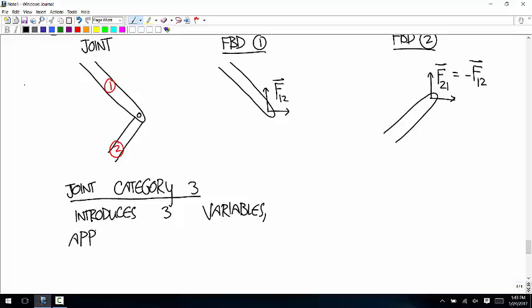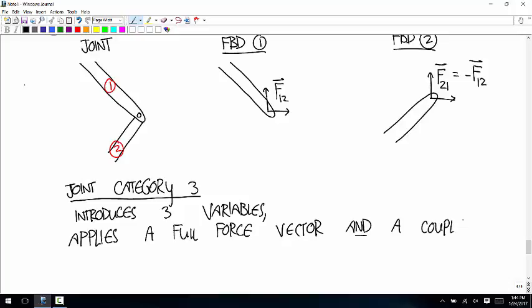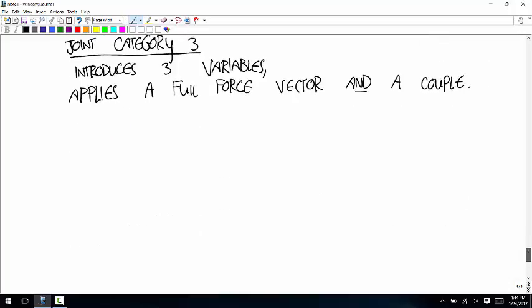And it does that by applying a full force vector and a couple. And there's only one of these. It's called a fixed joint or a weld joint.